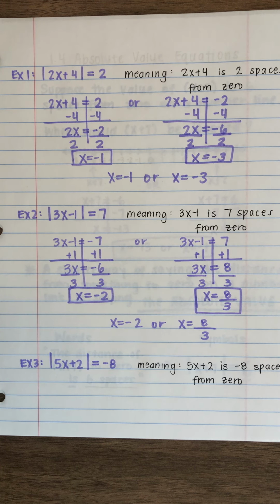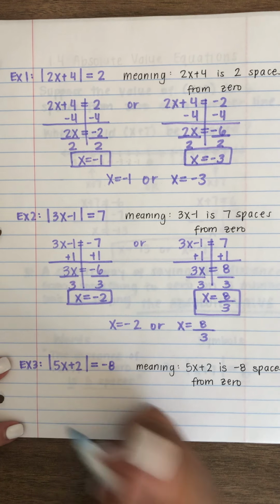On a number line or any distance, remember that distance can never be negative. We can never be -10 feet away from something or -1 mile away. So since distance can never be negative, that's going to mean that we have no solution because it's just not possible.